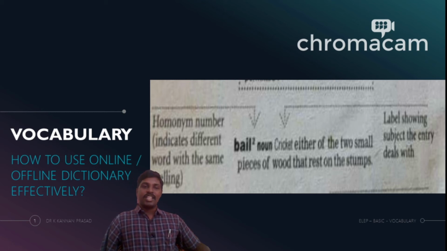So the next example we're looking at is the word bail. Now this is very much different from other words we have looked at in the examples so far. Bail has an exponent, the number 2, right?